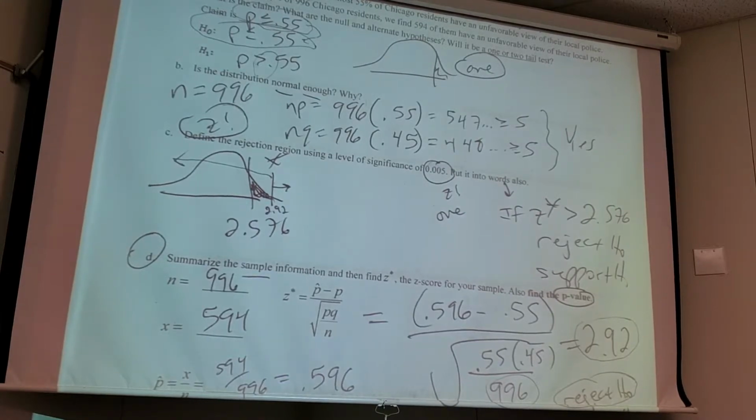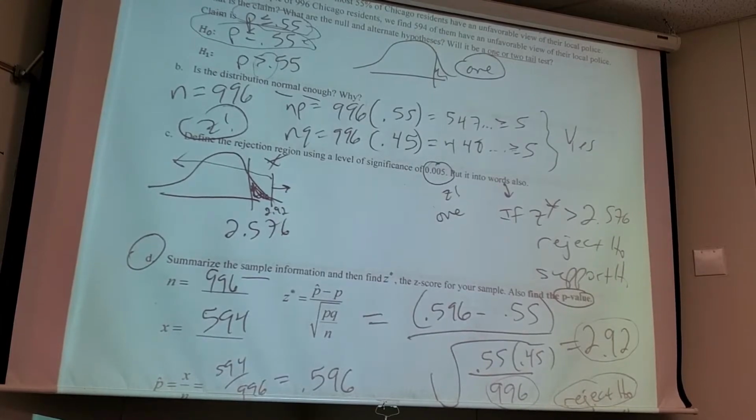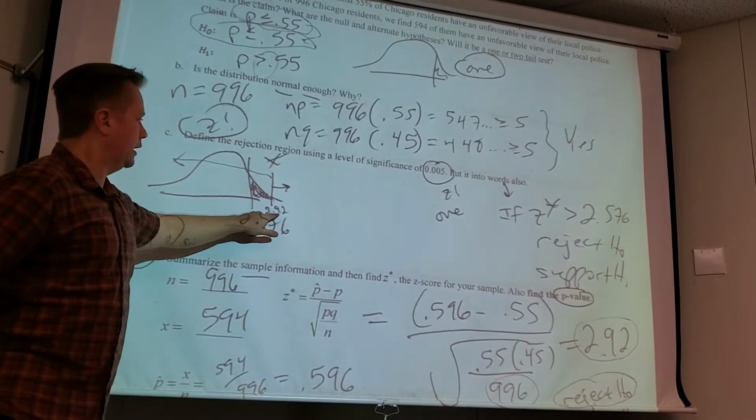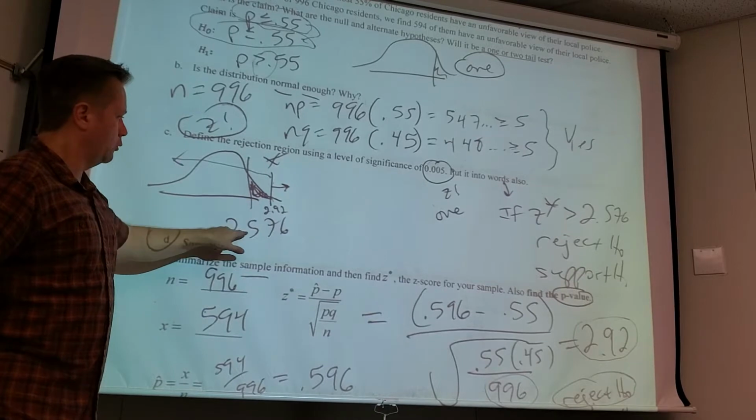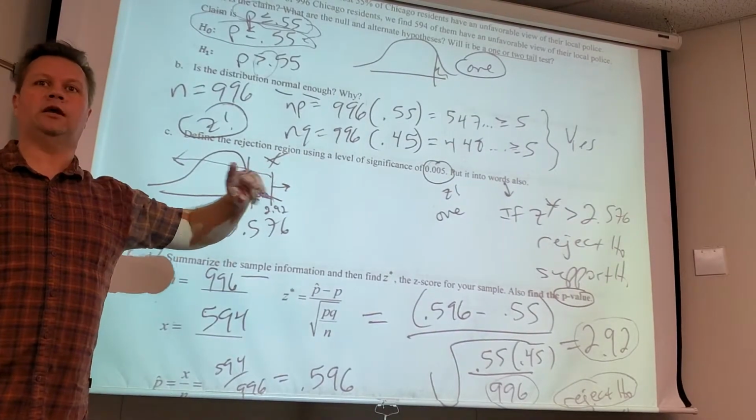Could you repeat one more time why you want a smaller p-value? Another way to test a claim: we knew the minute I got 2.92, it was bigger than this, so I knew right there.